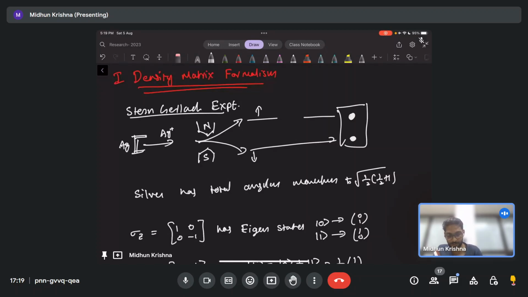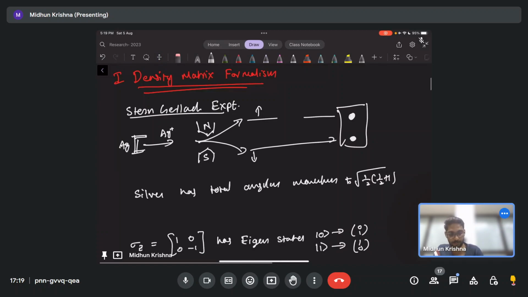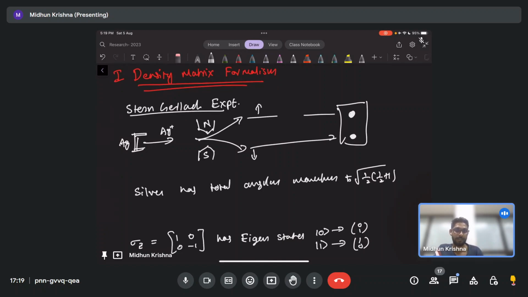But if I look at the z component, let's say I'm applying the field along the z direction, the magnetic field is along the z direction. So the z component of the spin is interacting with the magnetic field. And since we only have two states, I should be able to represent this whole system as a two-level system.